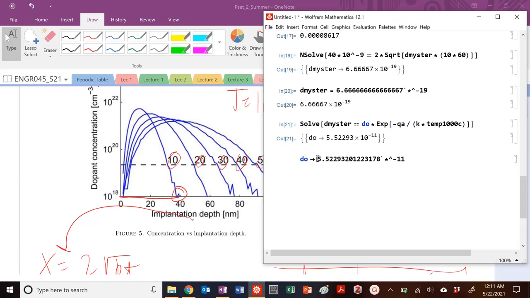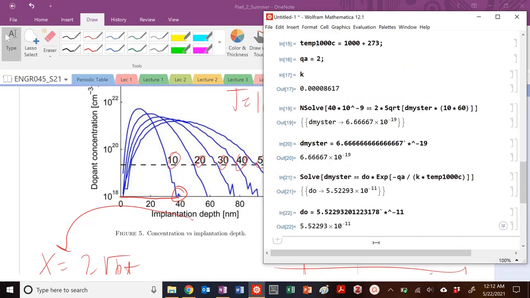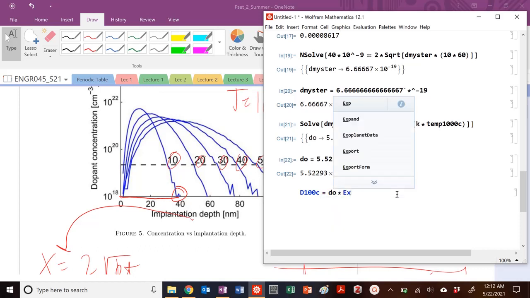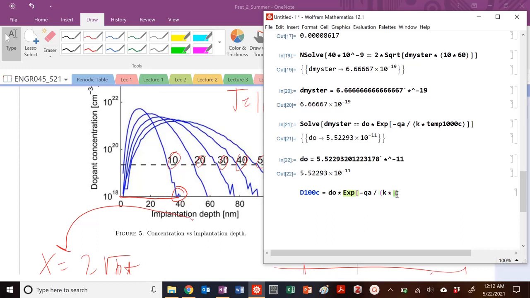And now we can ask ourselves the question, how long, if we want to figure out the diffusivity at 100 C, it's going to be equal to D naught times the exponential of minus QA, that does not change, divided by K times 100 plus 273. So that's my diffusivity there.